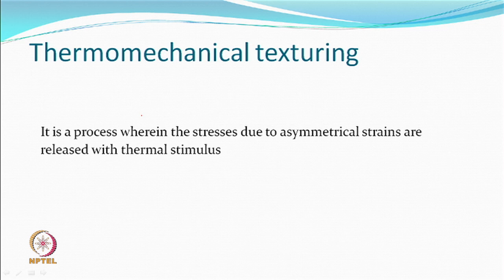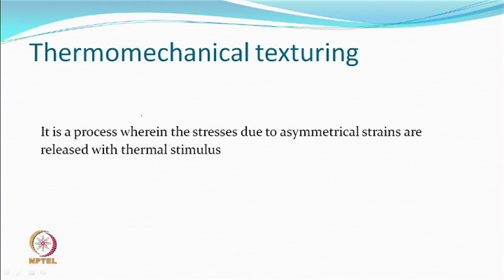Asymmetrical strains, obviously different portions of the filament, different filaments within the yarn may not be strained to the same extent, and therefore, they are asymmetrical stresses, and these are being released, and therefore, the setting is because of release of energy. We have already seen the mechanism, and therefore, this is just one interesting part.